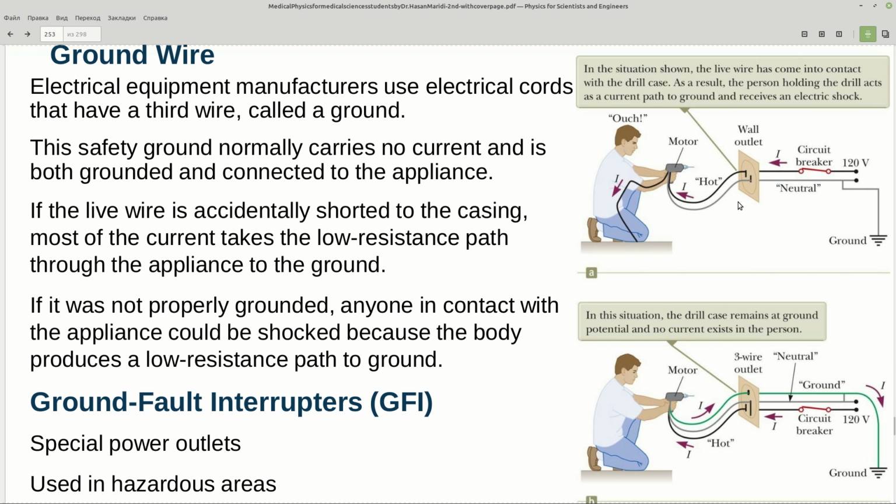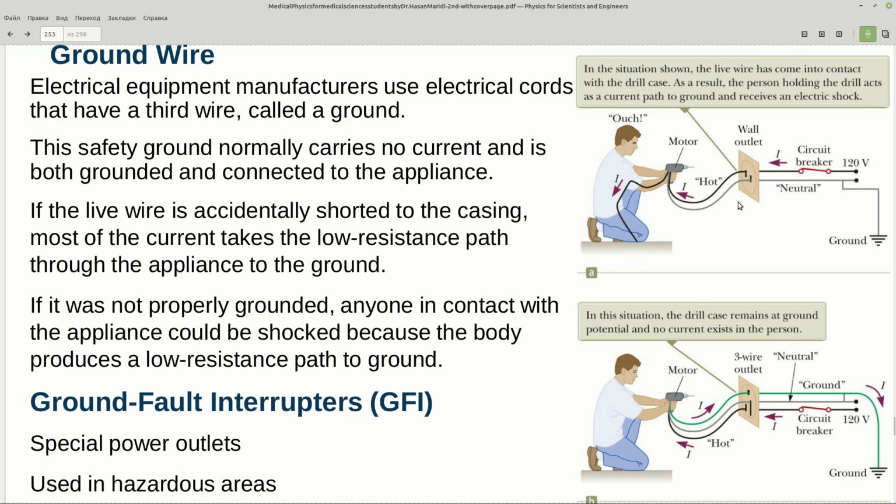In the situation here on the second picture, the drill case remains at ground potential and no current exists in the person, because we have the ground, neutral and ground.